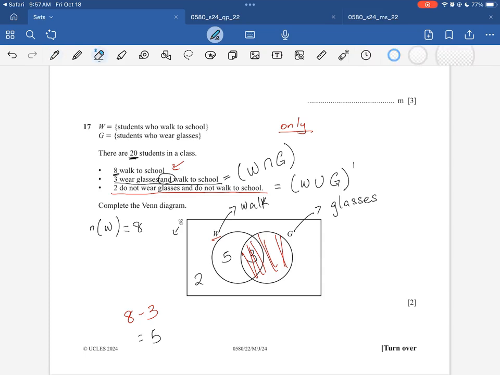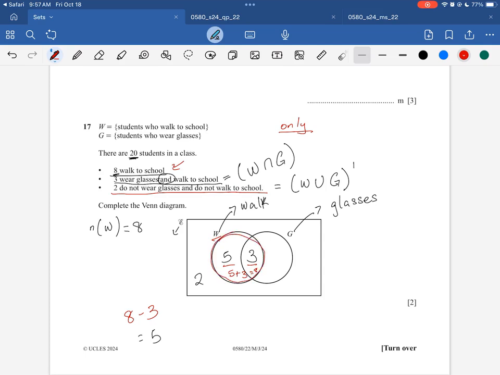If you are not sure, always go back to the question. It says 8 walk to school, meaning a total of 8 people walk to school. So if you draw the set of just W, you should have a total of 8, and you have 5 and you have 3. So 5 plus 3 is 8.